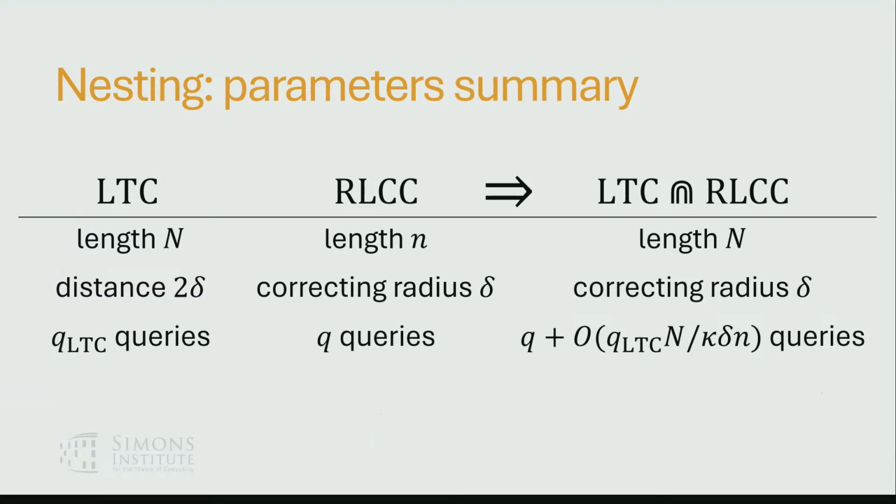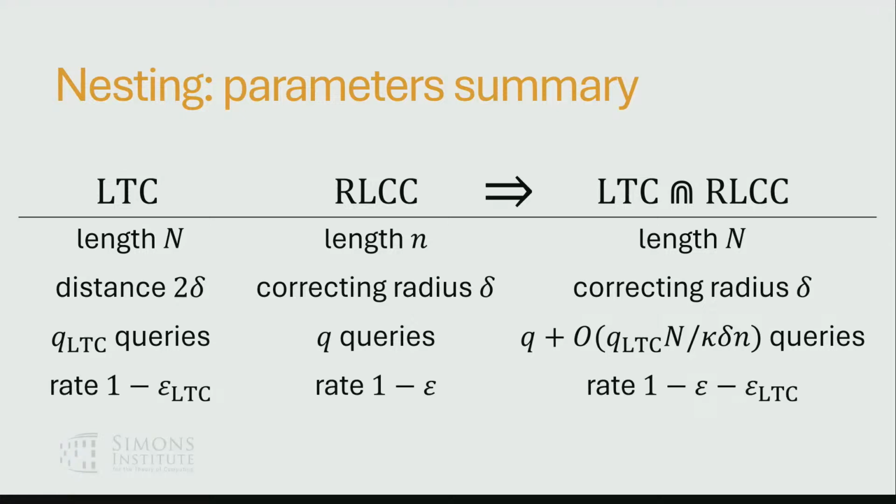So just in summary, we have this big LTC and a small RLCC. And by nesting them together, we're able to get an RLCC with the larger block length, with essentially the preserved correcting radius, it doesn't deteriorate, and with queries that only go up by an additive factor. Here, there's one parameter which is really important that I haven't mentioned yet, which is what happens to the rate when you apply this nesting operation.